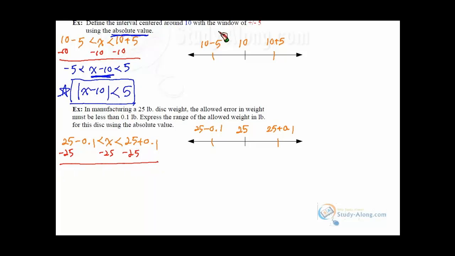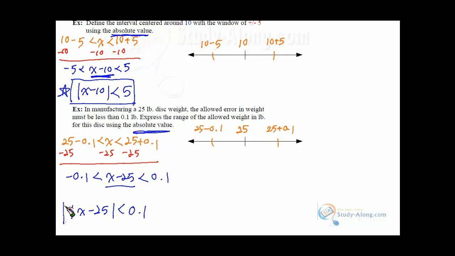And what answer are we going to get? This comes out to negative 0.1, less than x minus 25, less than positive 0.1. We're not done. We're looking for the absolute value. So let's put this inside the absolute value, and it is less than 0.1.